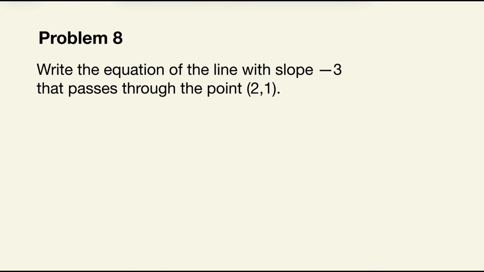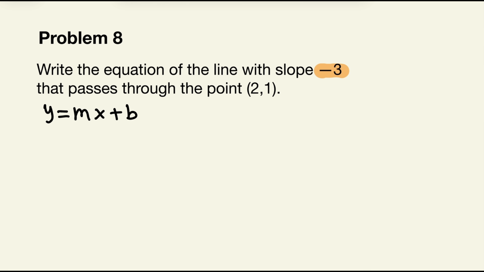All right, let's write the equation of the line with slope -3 that passes through the point (2, 1). So we know we have to use the slope-intercept form, and that is y equals mx plus b. So let's go ahead and highlight a few things here. We're given that the slope is -3.